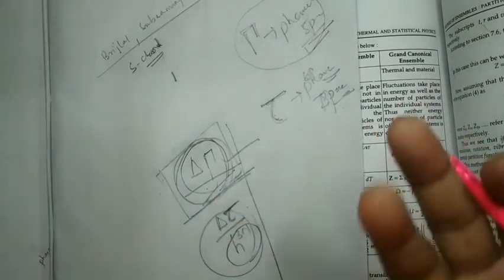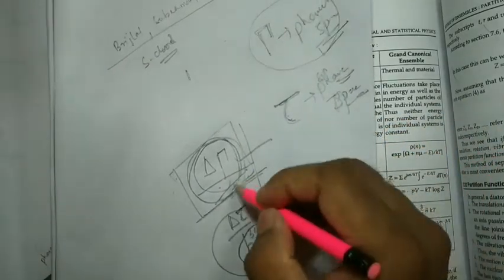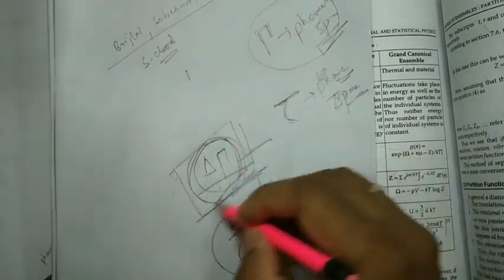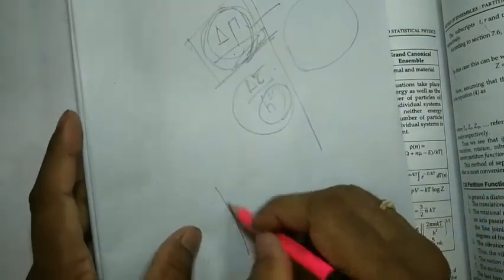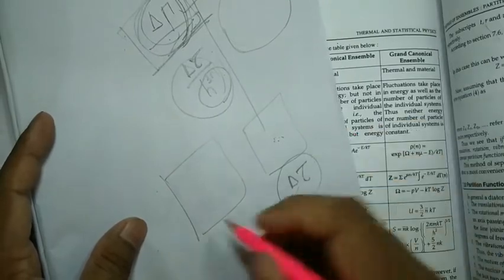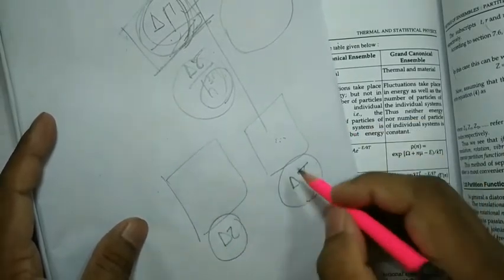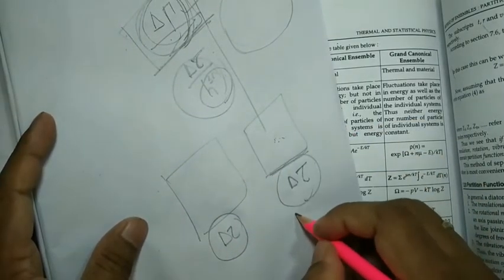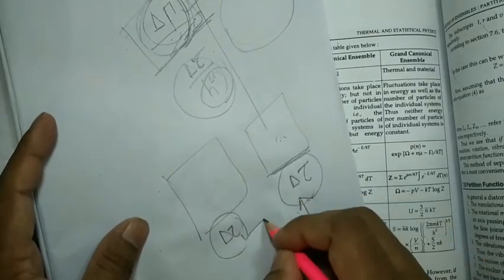In that way also you can consider that this volume increases. Suppose we consider one system versus another system. For this system, this delta volume is larger than this. So obviously for this system, the number of microstates is going to be increased as compared to this one.